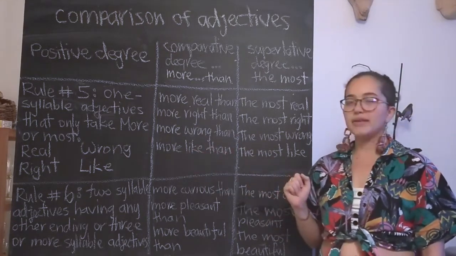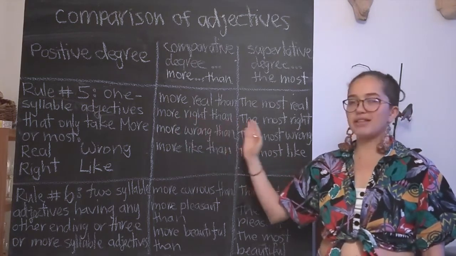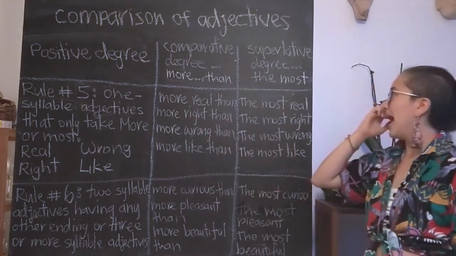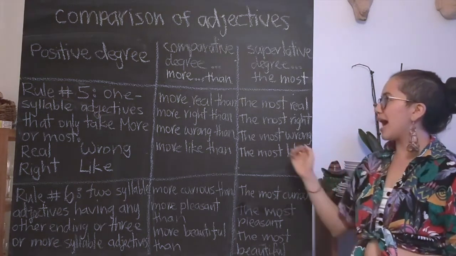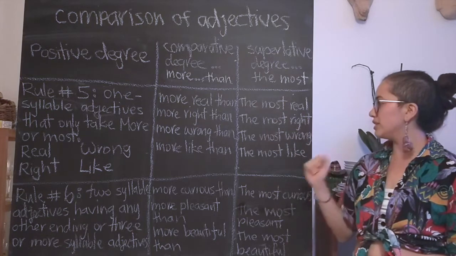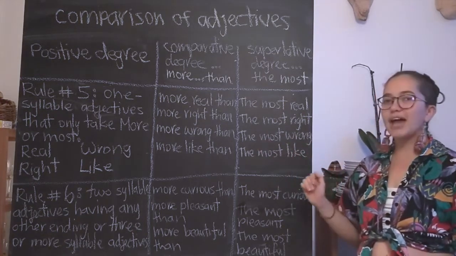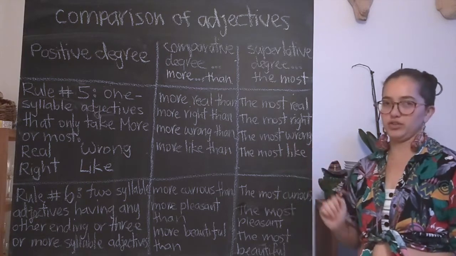So we would say, for example, she was more right than them. Okay, and with the superlative, we just add the most. So the most real, the most right, the most wrong, the most like. They had the most wrong answers.